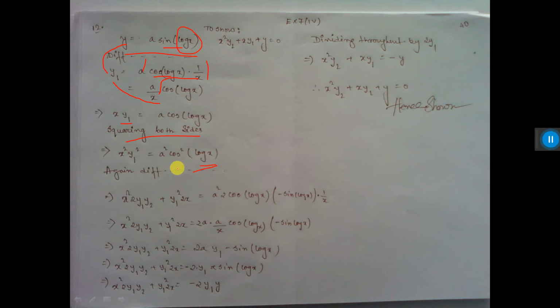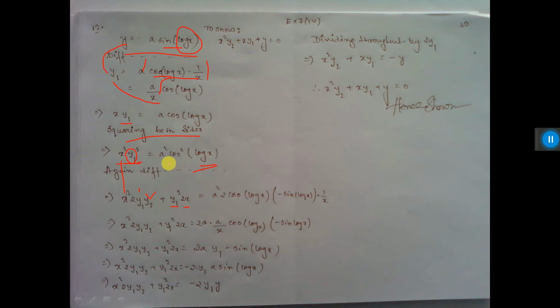Now again differentiate, so x square is there, uv differentiation, u into d/dx of v, so y1 square it is 2y1 into y2, here x to the power n formula applied, n into x to the power n minus 1, and d/dx of y1 is y2, plus y1 square into d/dx of x square is 2x.